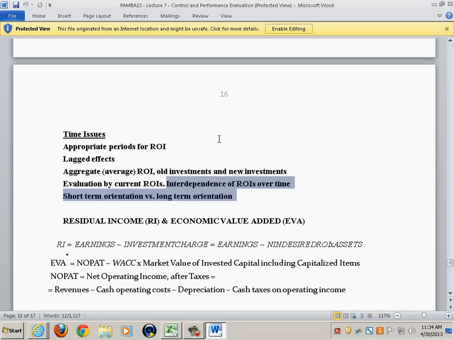Let's assume you measure the ROI for 2013, but the capital decisions and investment decisions that you make in 2013 can very well affect future periods. They will affect 2013 in ROI measurements, but they can affect future ROIs as well.